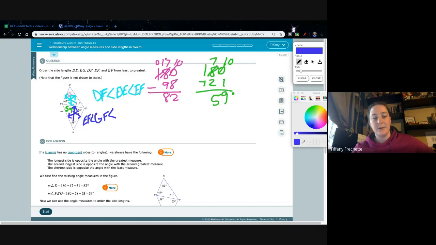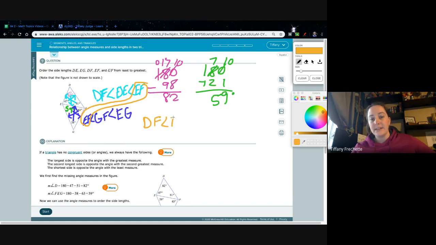And then 63 is pointing at the longest one, EG. I'm going to pick an orangey color. We want to put these together. We know EF is larger than these two, but EF is smaller than these two. So this is actually going to be the middle. We're going to stick these two together and rewrite it all as one.